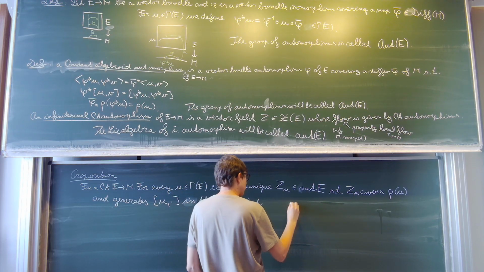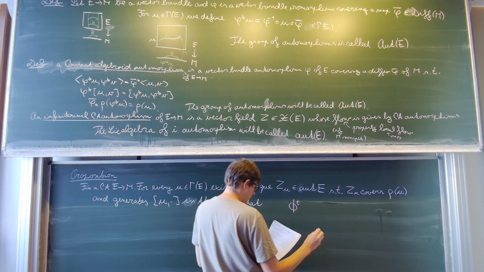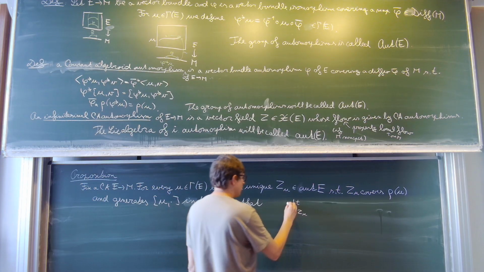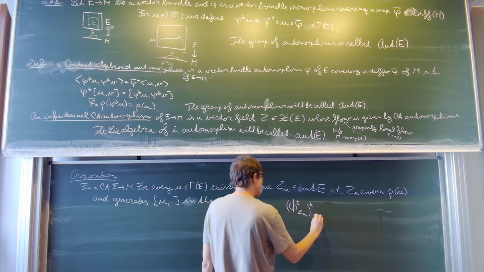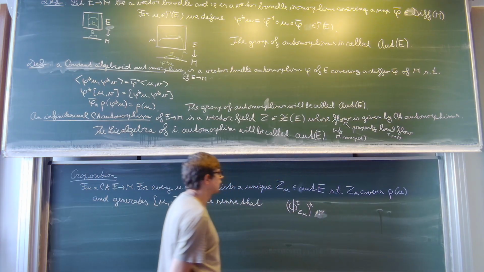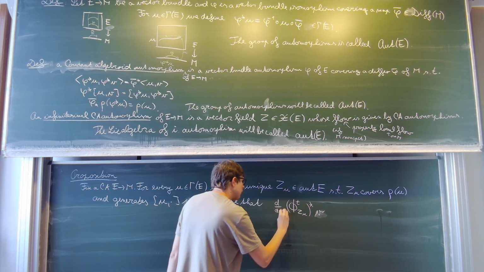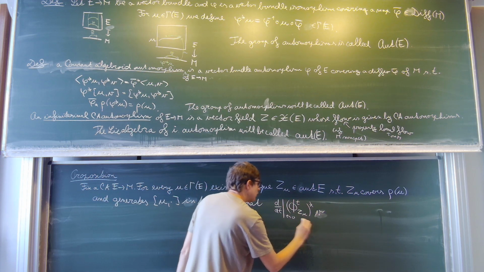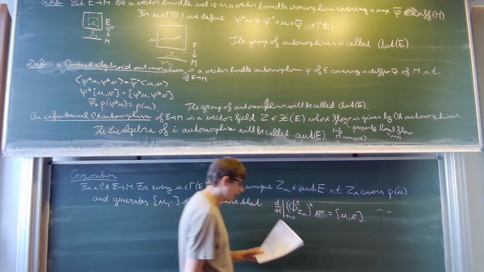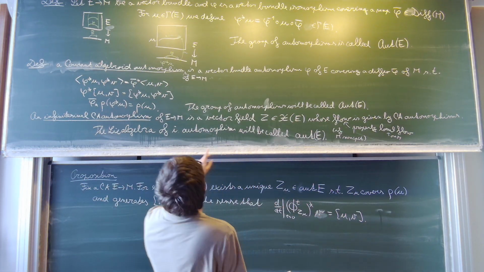If I take the flow for some time t of this vector field, and then I pull back some section, let's say V, so I want to mimic the Lie derivative essentially, and then I take the derivative of that at time equals 0, this thing should be U bracket V. Remember this pullback was defined up there.